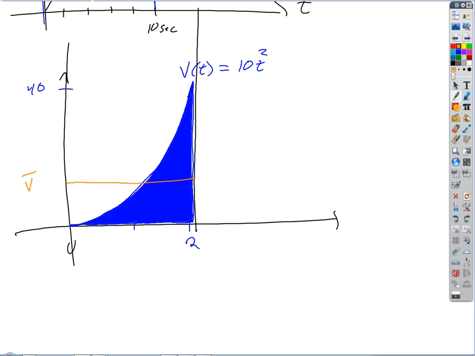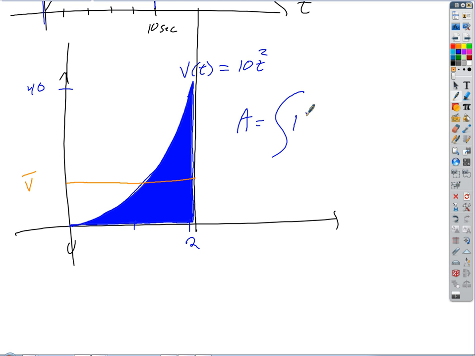Find the antiderivative. Okay, so we're going to have to add up an area under a curve, which is calculus stuff, right? That's a definite integral. This blue area is equal to what? The summation. Okay, so the integral from 0 to 2 of 10t squared, because that's defining the curve, right?